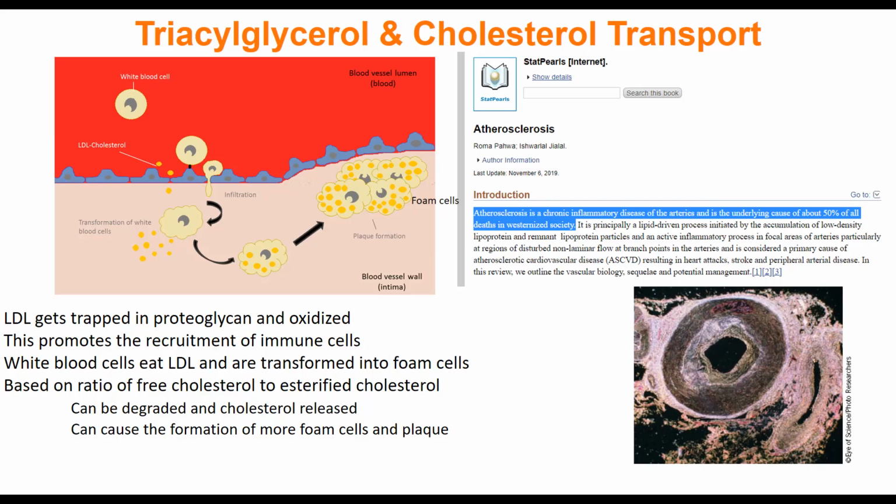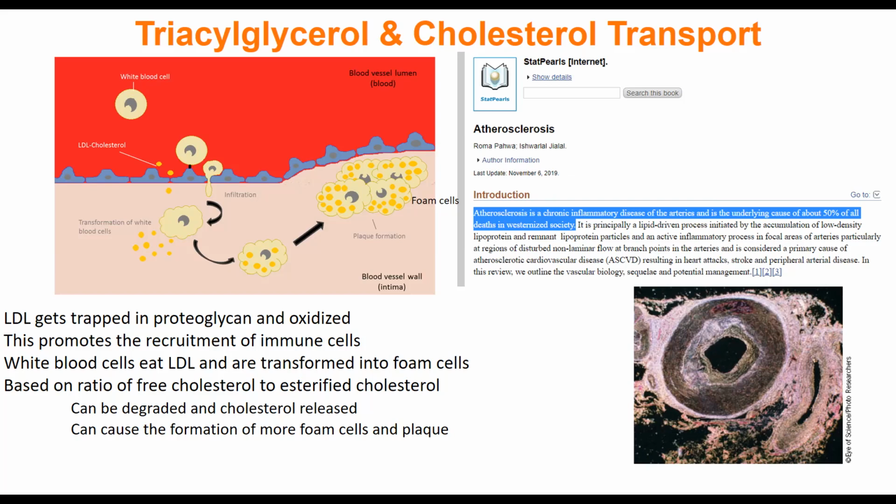Remember, we briefly talked about this in biochemistry 1, but basically on the outside of some cells, you have this sugar and protein like matrix. And LDL can get trapped there. And then it starts to get oxidized, starts doing some redox reactions. This is not what's supposed to happen to LDL.